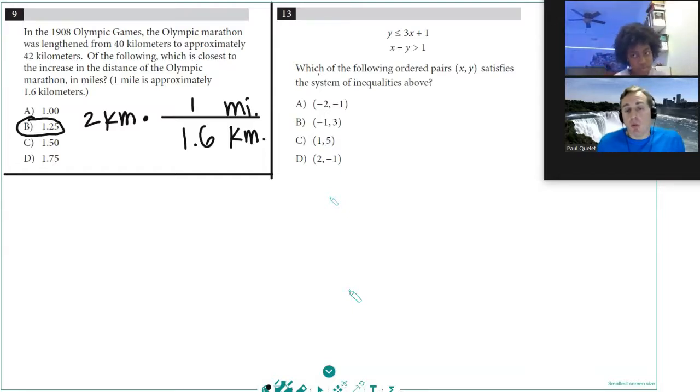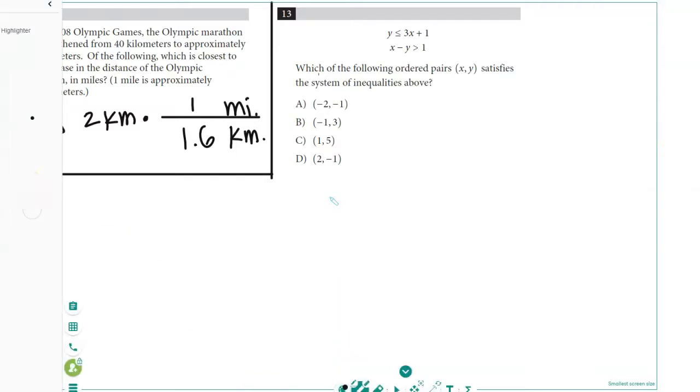Yeah. So one way to do this, and this is sort of the brute force way, is just plug in each of the choices. So that works. Okay. So you okay with doing that? Okay. So let's try each of these. So this first one, if we plug it in, that's -1. Is that 3 times -2 plus 1?